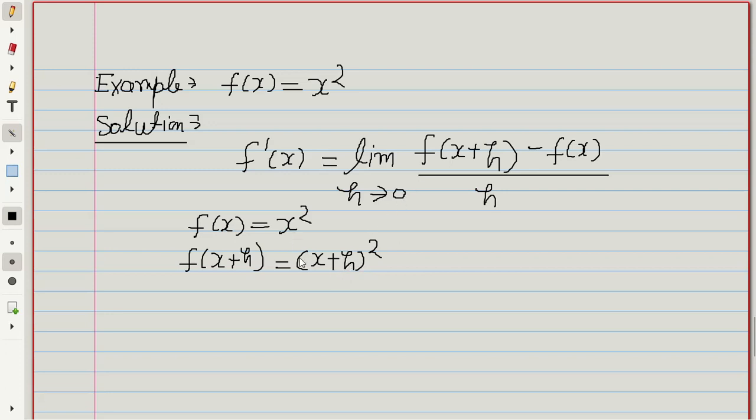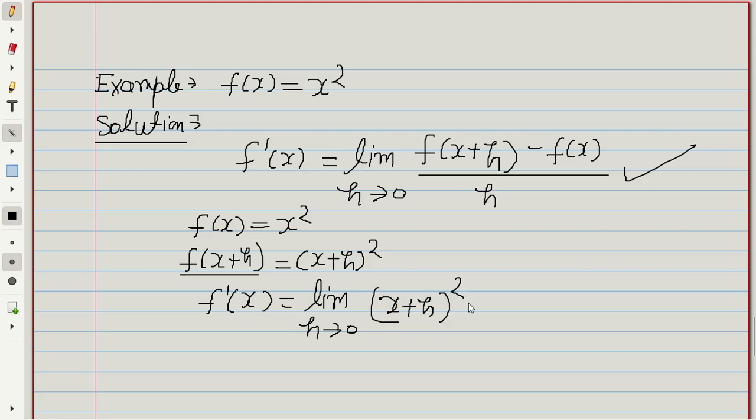Now put these two values in this equation. We will get f dash x is equal to limit h tends to 0 of (x plus h) whole square minus x square upon h.